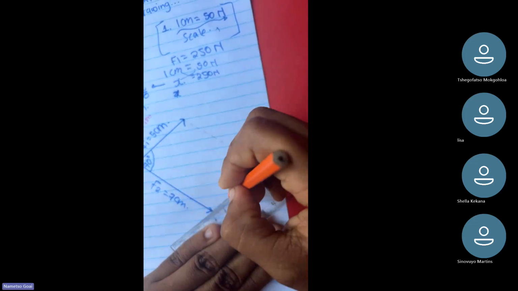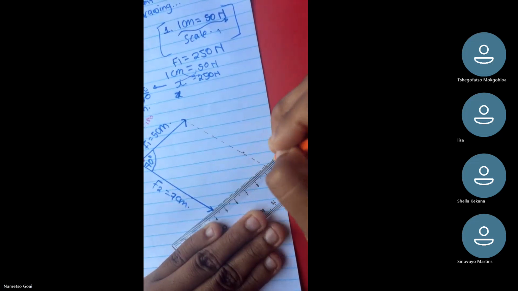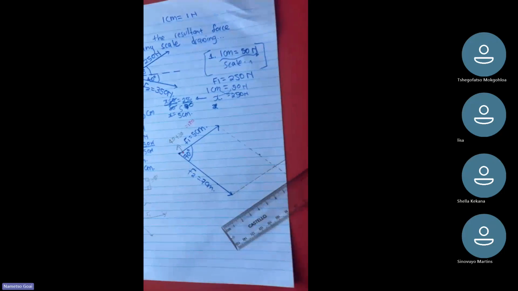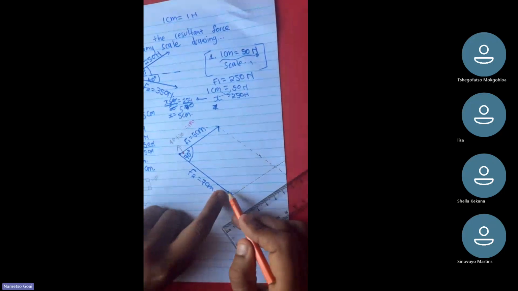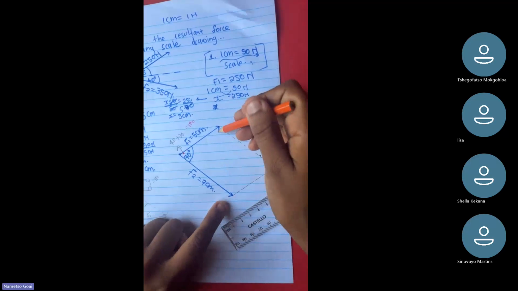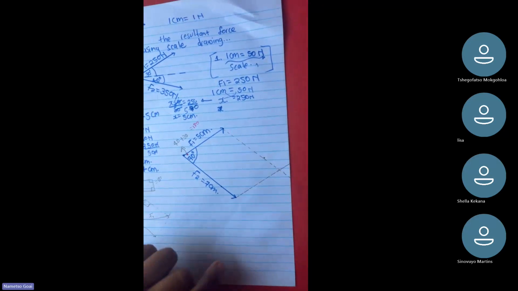Okay, so you'd connect these like this. Okay, fine. So if you were to take your protector and measure this, it's going to give you 110. This would also give you 110. This would give you 70. Right? Fine. Okay, cool.